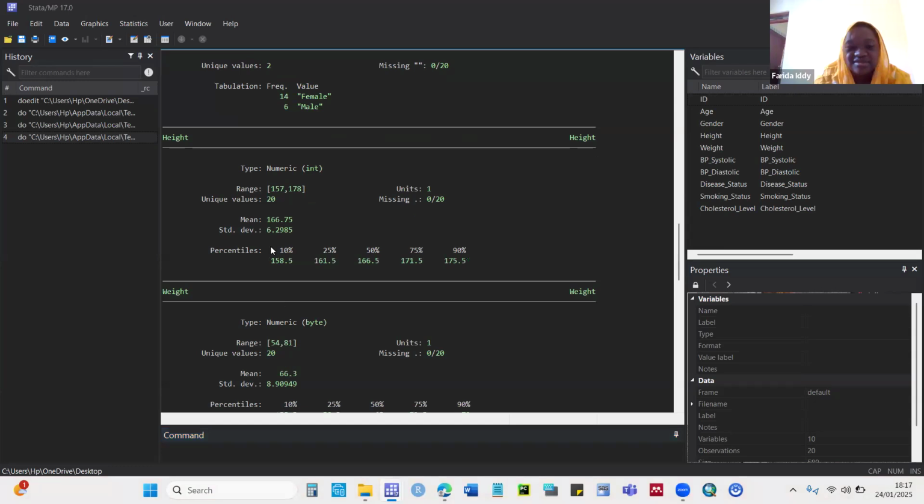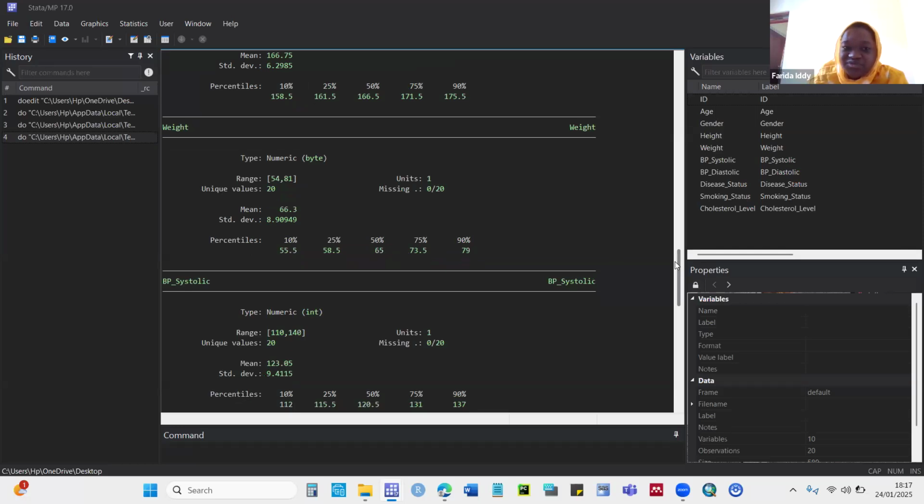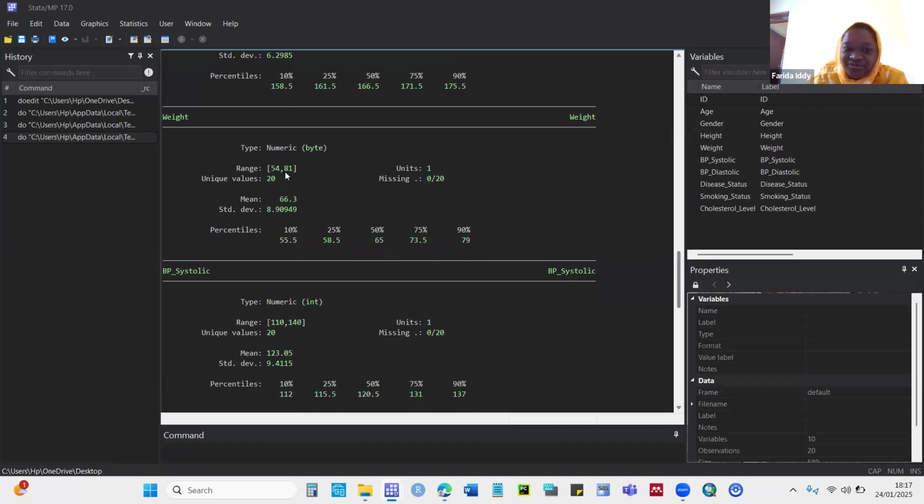Also, we have height. It's numeric, and it ranges from 157 to 178. We have a mean for height together with the percentiles, and we don't have missing. Also in weight, we don't have missing. It ranges from 54 to 81.